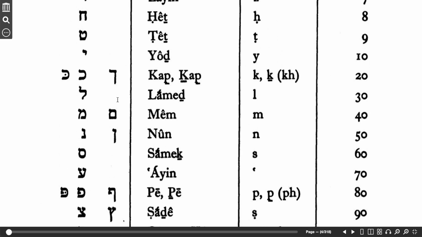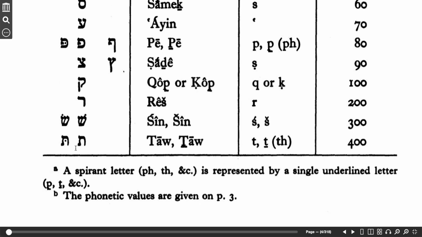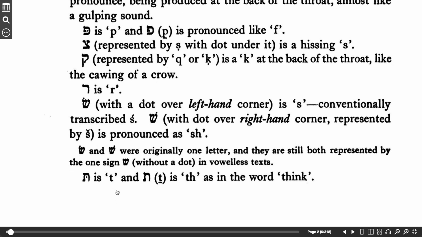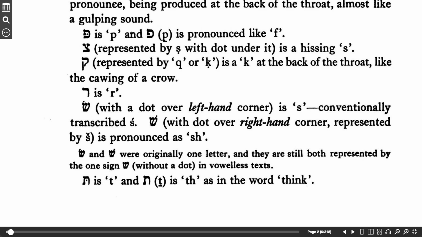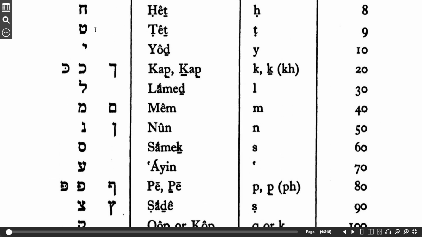We have the final forms, so some letters have all the possibilities, but the last letter is tav or tau, and you can see that it's a T sound. Remember, I told you there is a letter up here that has a kind of T sound, the tet.